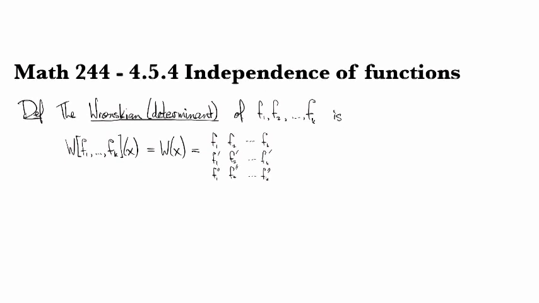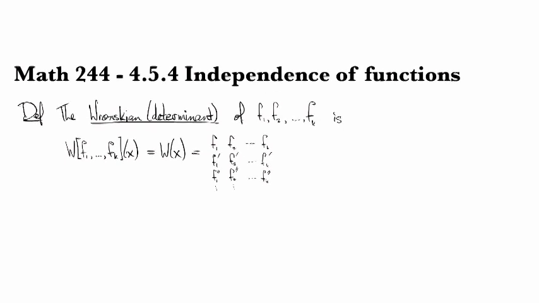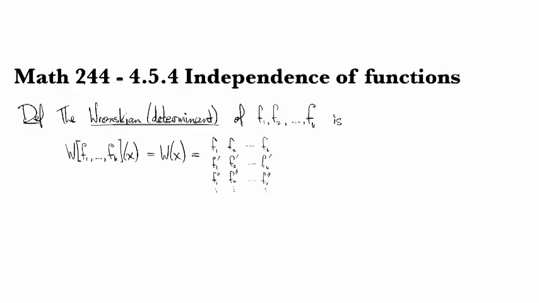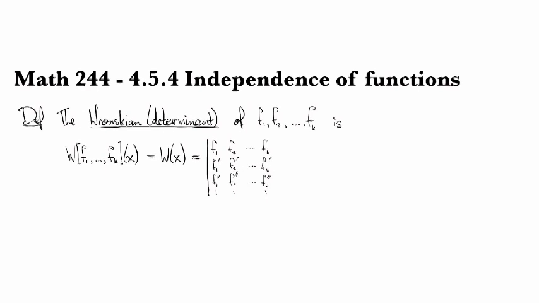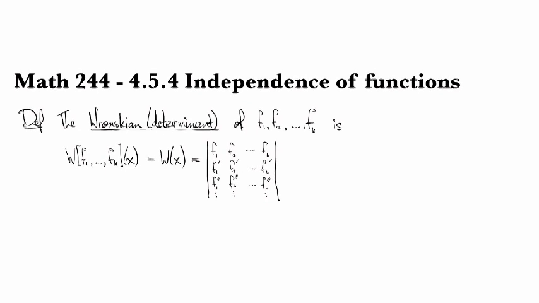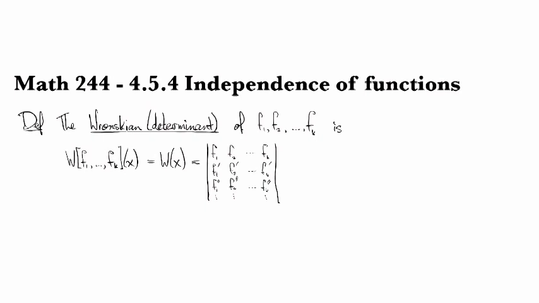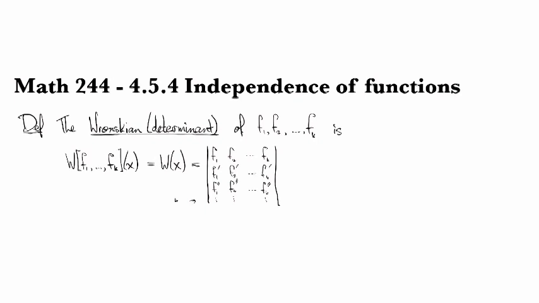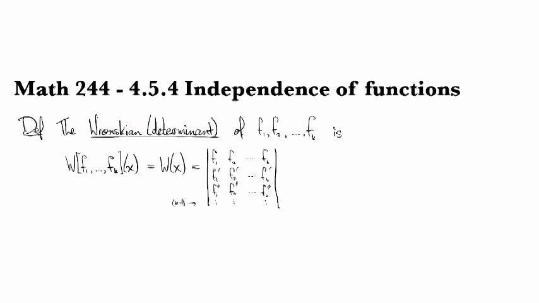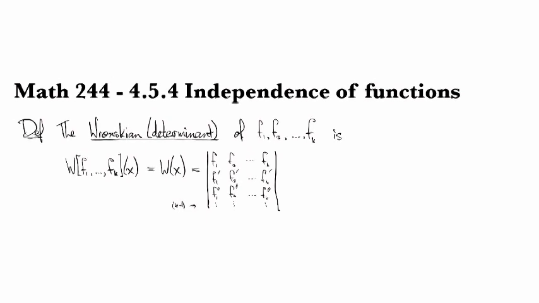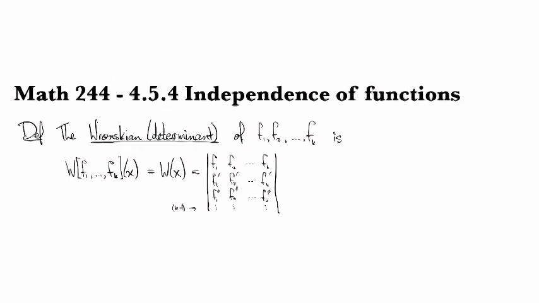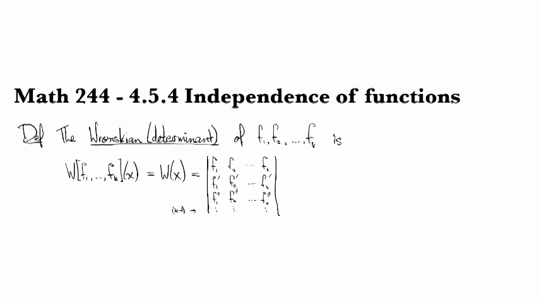And how many times do you differentiate them? Well, we want to take a determinant, and you can only take the determinant of a square matrix. So you make a square matrix. That means the last one here is going to be the (k minus 1)th derivative, but it's not really important to remember that because it has to be a square matrix.